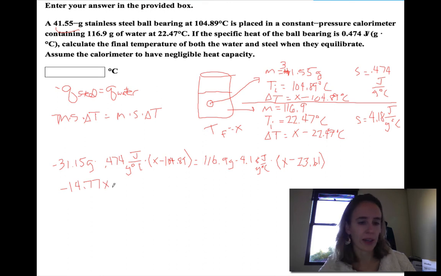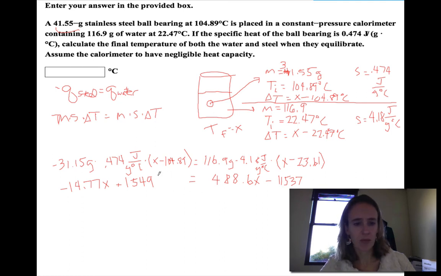We'll come back to them later. Plus 1,549 on the left side of the equation. And then if I multiply that times x, I end up with 488.6x minus 11,537.